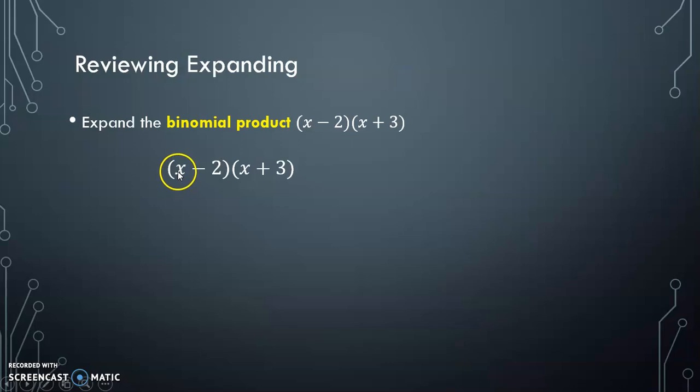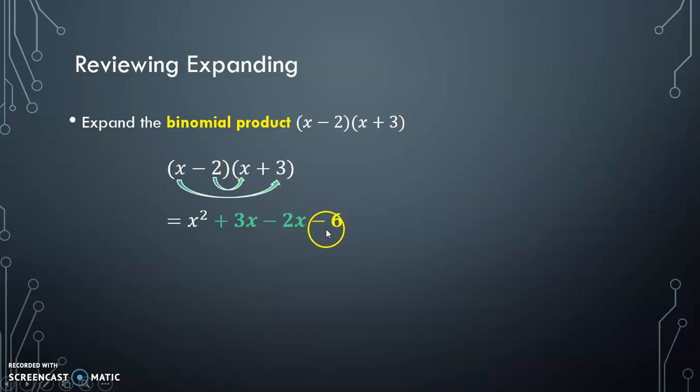The first term, then outer, and then inner with negative 2x, and then the constant term, which is negative 2 times 3. So we notice that the cross term, that is the terms that have both x and the number, is produced by the first x multiplied by 3, and the second x multiplied by negative 2.